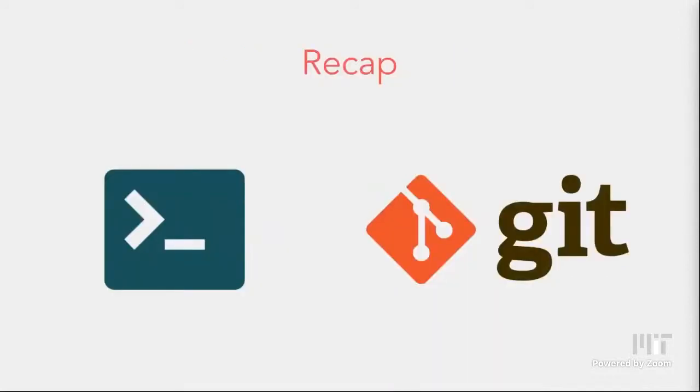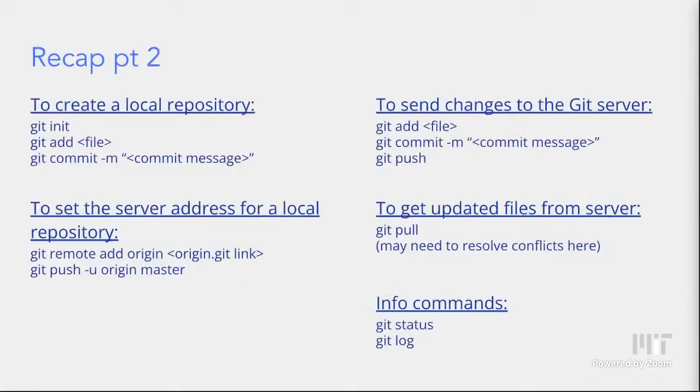Yeah, so quick recap. So we went over the terminal, so basic commands you can use to manipulate the operating system. We went over Git, which is the system that we use to sort of manage changes across the code base. And we went over GitHub.